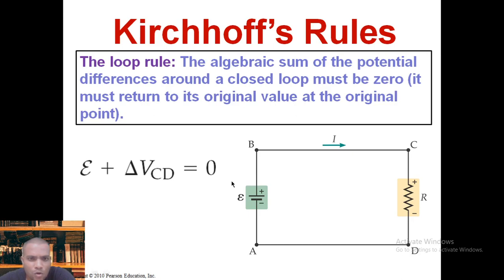The second rule is the loop rule. The loop rule says that the algebraic sum of the potential differences around a closed loop must be zero. In a given network, E is the potential difference or EMF across the cell, and delta V_CD is the potential difference across this resistance.